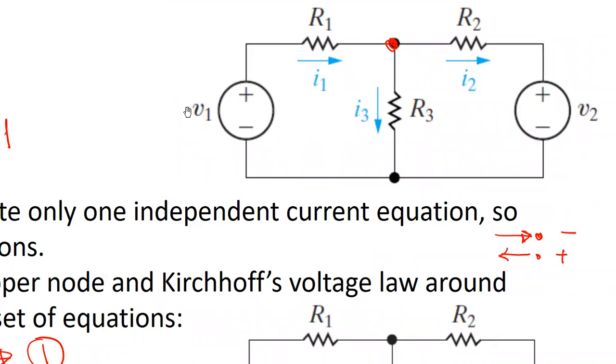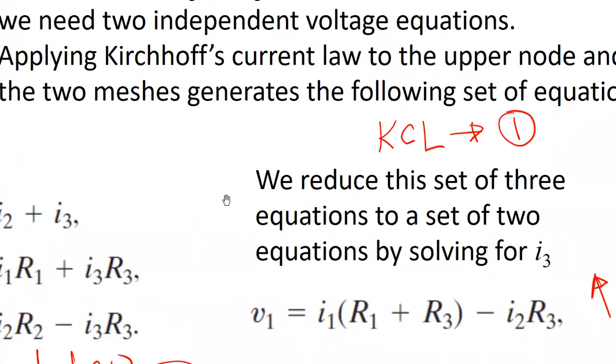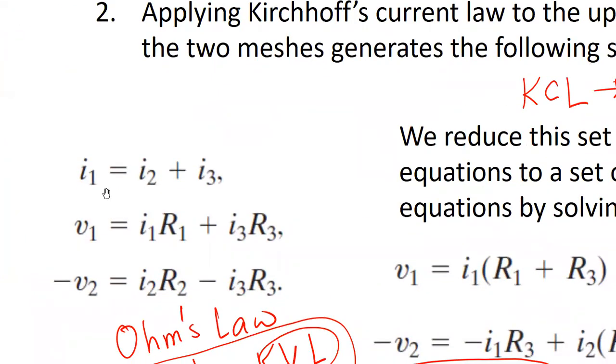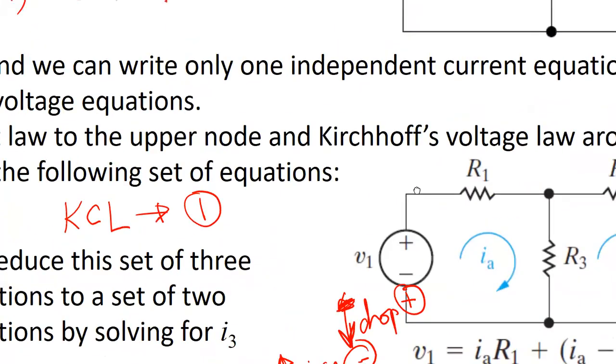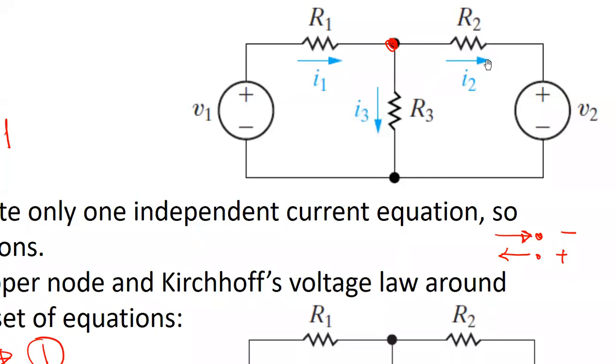So it will be negative V1, plus, since we are in the direction of the current, plus I1R1 plus I3R3 equal to 0. If you take V1 to the other side of the equation, it will be positive V1. Then V1 is equal to I1R1 plus I3R3. Okay, now let's write KVL for the second loop, and let's take the same direction as this.